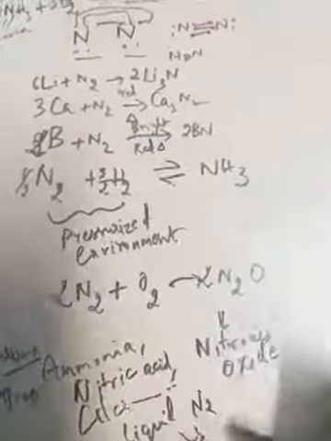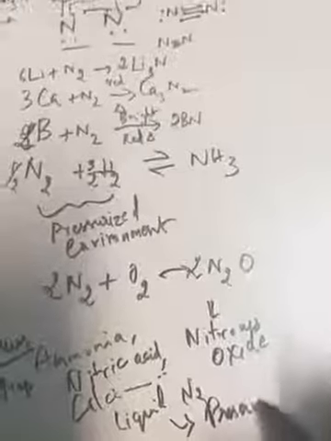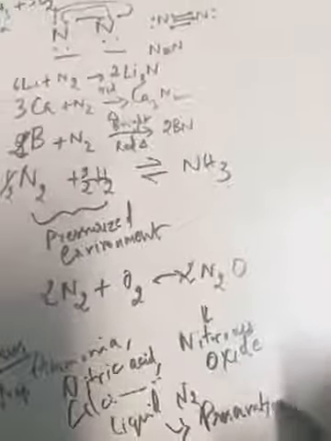Liquid nitrogen is used for the preservation of animals and any biological substance at low temperature. You can preserve anything. So that is all about nitrogen. Next we will see about ammonia.